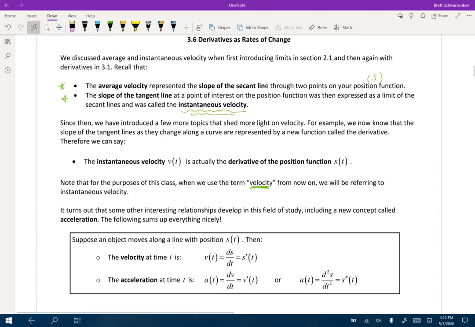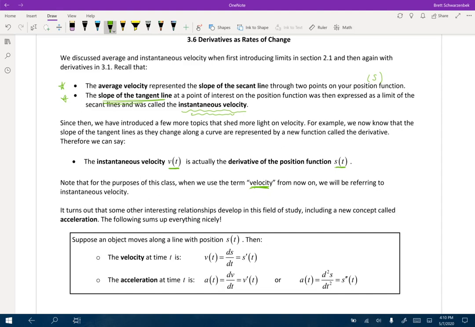Since section 2.1, we actually learned another helpful piece of information, specifically that the slope of a tangent line is called the derivative. So what does that tell us? That tells us that our instantaneous velocity, which we will refer to as v, or v of t, velocity with respect to time, is going to be the derivative of the position function s of t, or the position with respect to time.